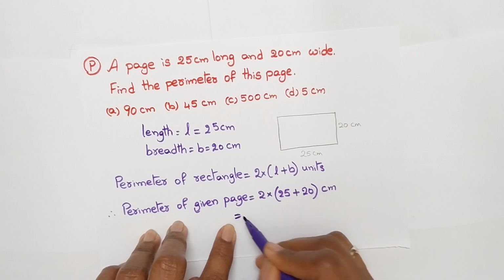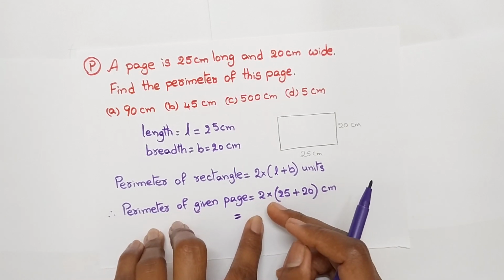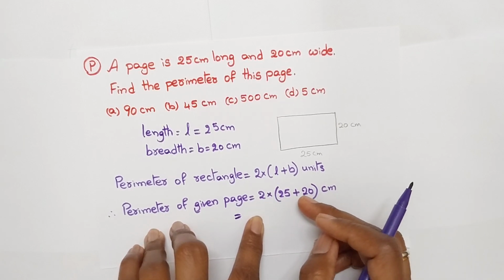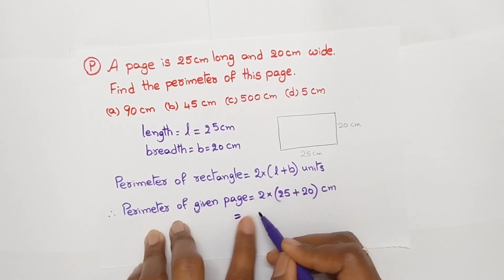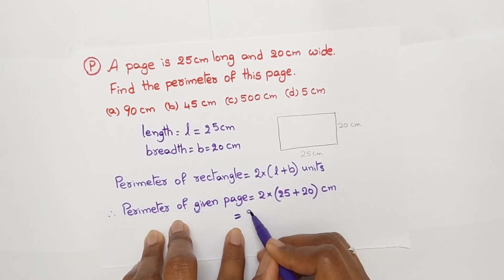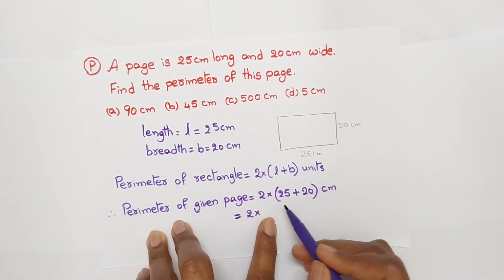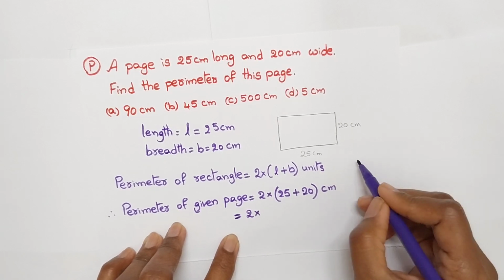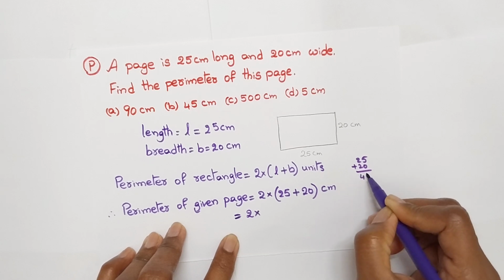First, equals, from here we start. Rewrite the values with simplifications. So equals 2 into bracket, within bracket 25 plus 20. What is the 25 plus 20 value? 45.